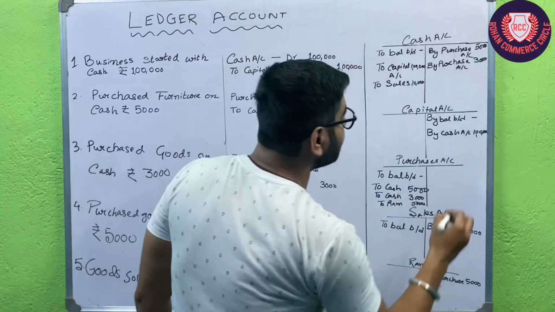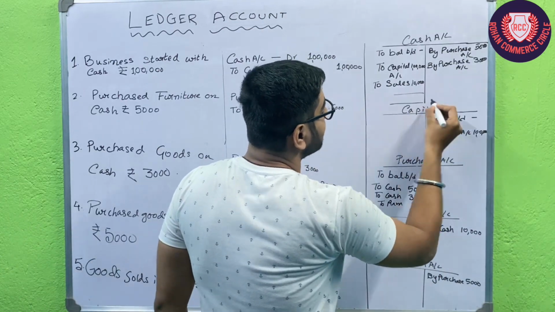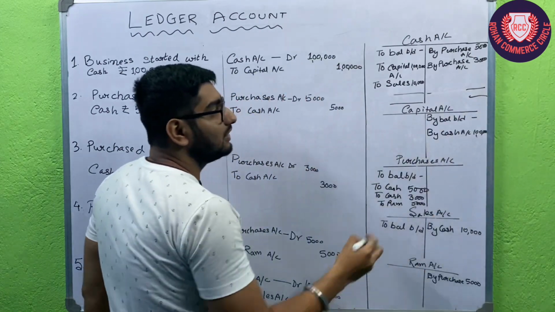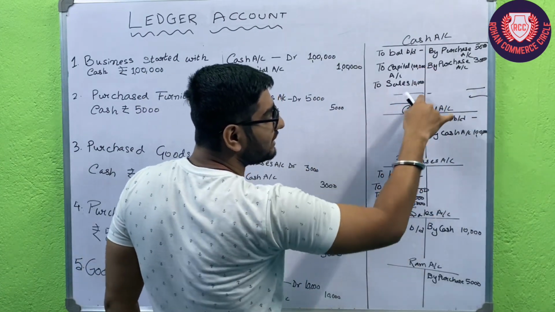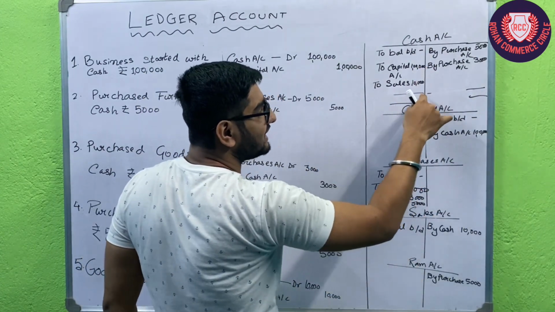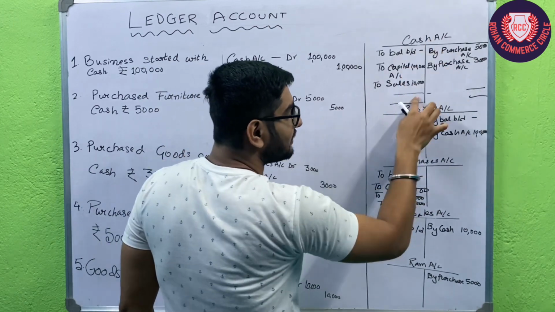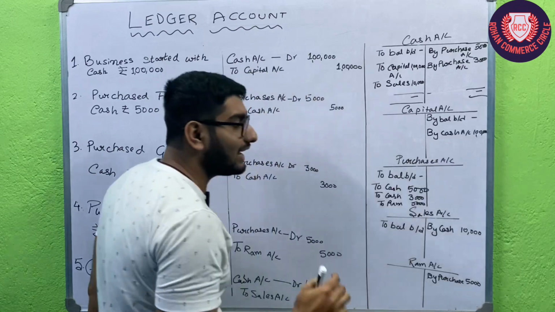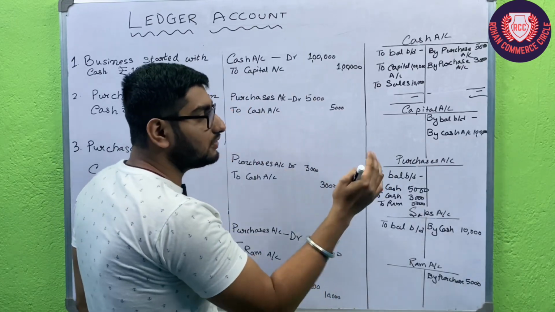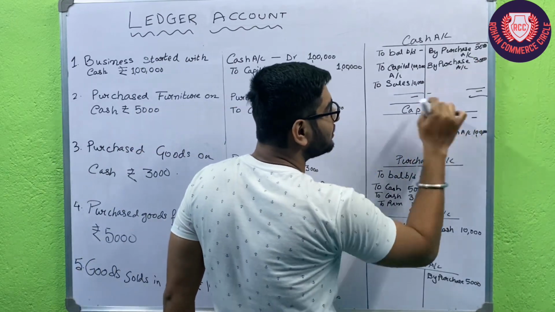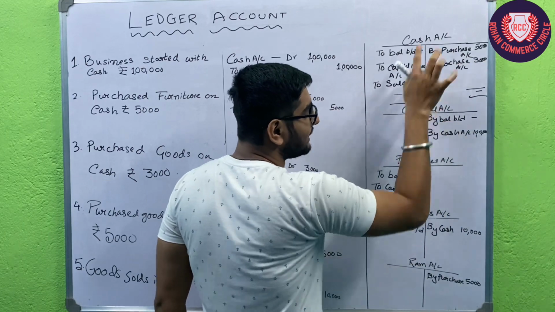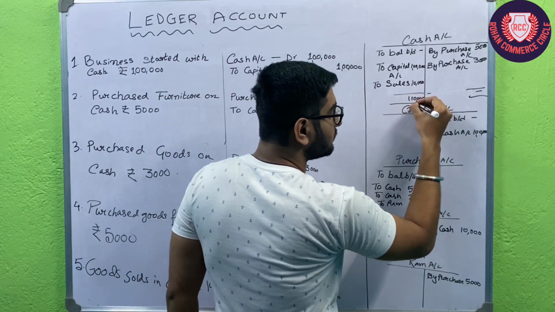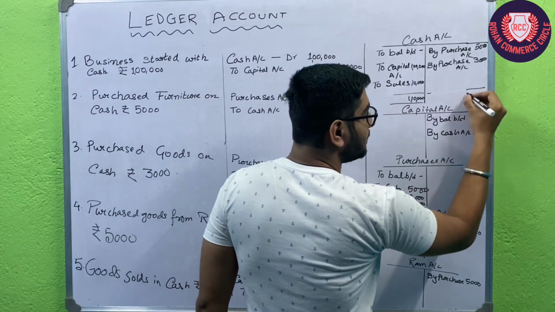Now what we have to do is total it out. How much will be the total? 1,10,000. If there is some balance, we have to add it and write it here, and the same on the other side.